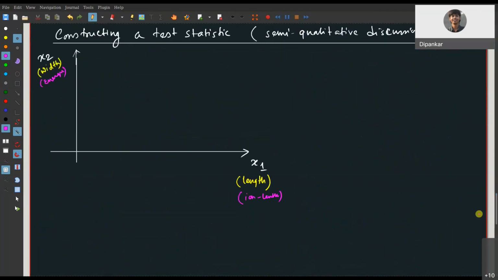So remember, in the case of this fishery, there was one guy who was sorting the hilsa and the rohu manually. Every time he picks up a hilsa, he puts a yellow cross. He measures the length and the width, and in this plane it is represented by this yellow cross. And now another yellow cross, and another.